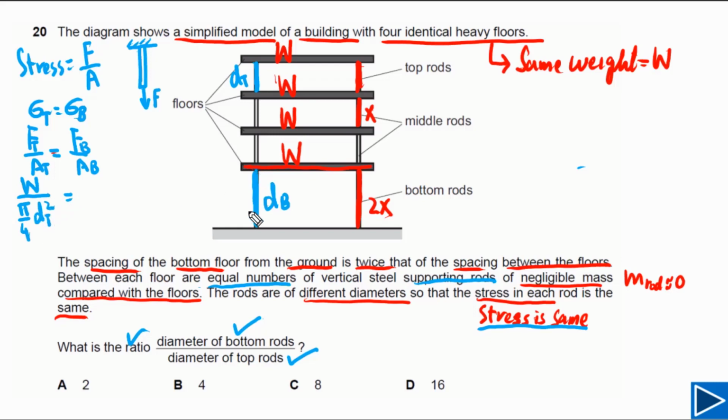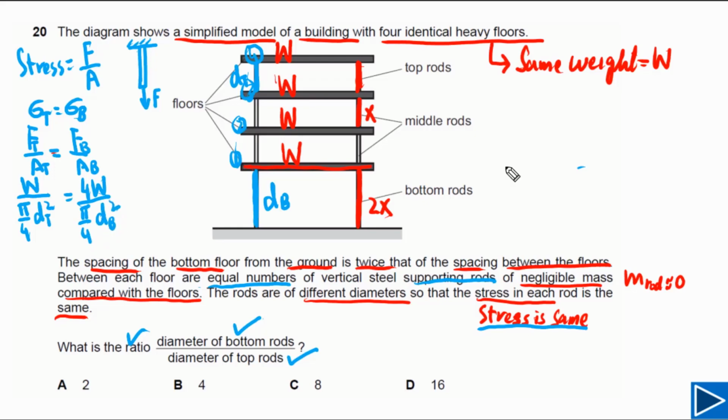And the bottom rod is supporting 4 times W. This is supporting 4 floors, 1, 2, 3 and 4 floors, and the weight of each floor is W, so we write 4 times W. The cross-sectional area we can also write in terms of diameter, so pi by 4 dB square.